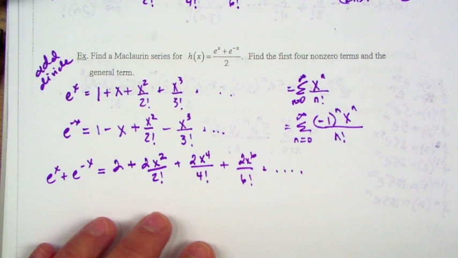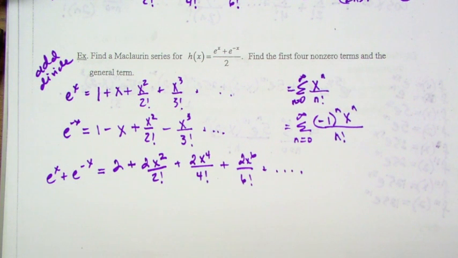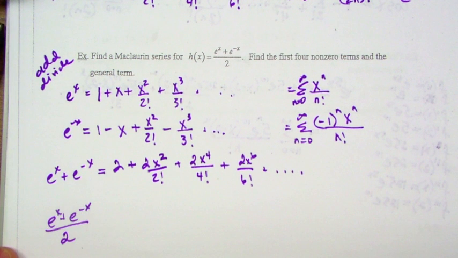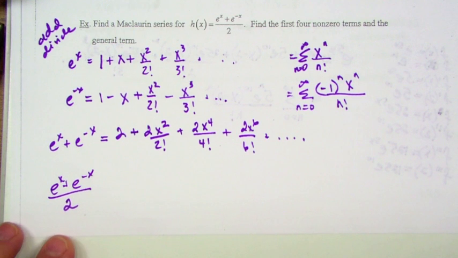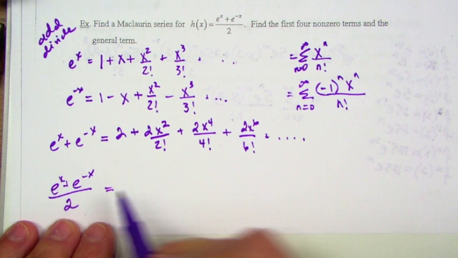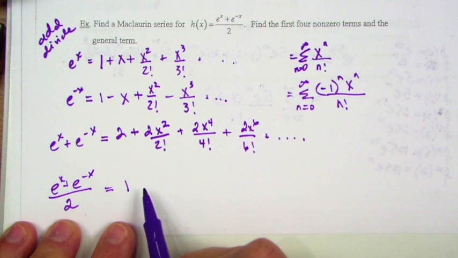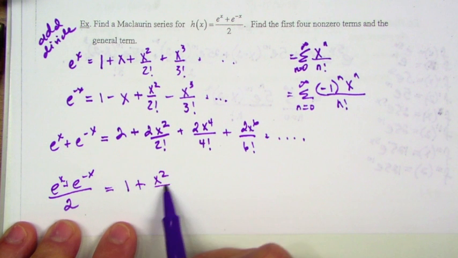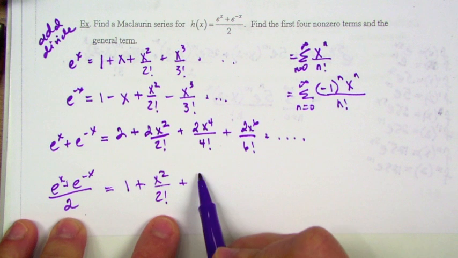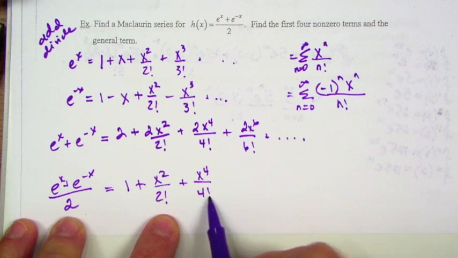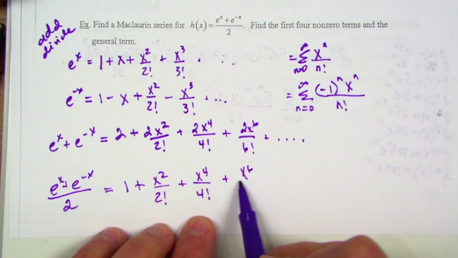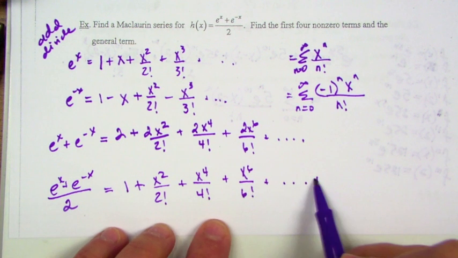And then I'm going to go and do what with all of this? Divide everything by 2, right? And so now lose every 2 that I just put in, right? And I'm going to have 1 plus x squared over 2 factorial plus x to the 4th over 4 factorial, and that's a pretty easy series to come up with.